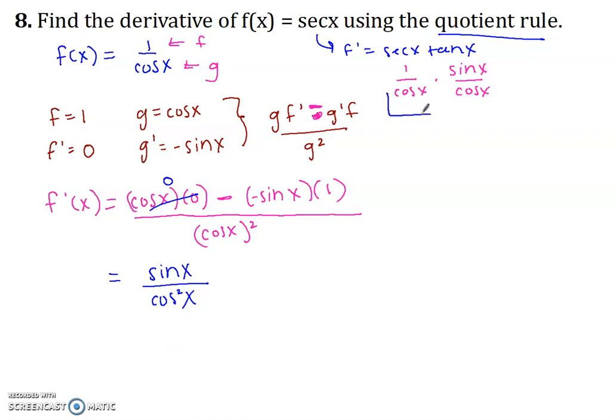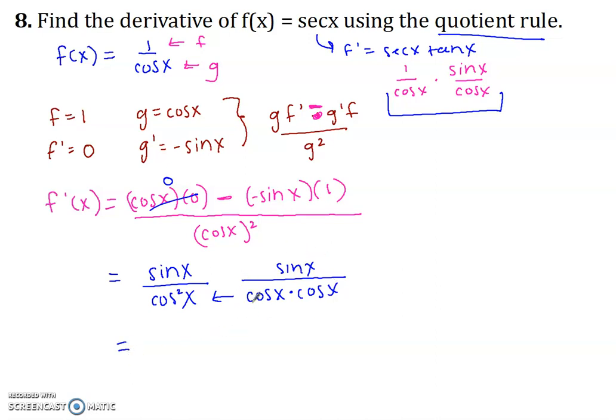Okay. And remember, this is what I'm trying to get to so that I can then rewrite 1 over cosine as secant and tangent as sine over cosine. So since I have different degrees on top, I have degree 1 and degree 2, I'm just going to take that cosine and break it up into cosine times cosine, and then I have that sine on the top.